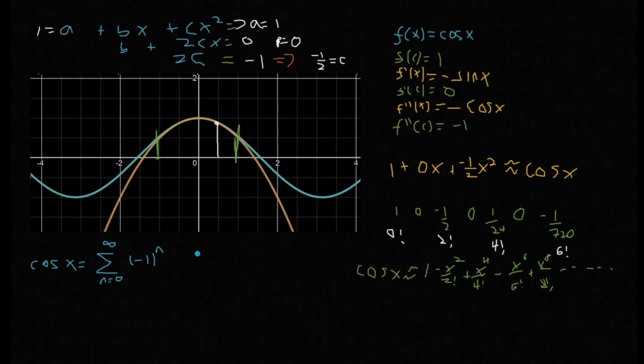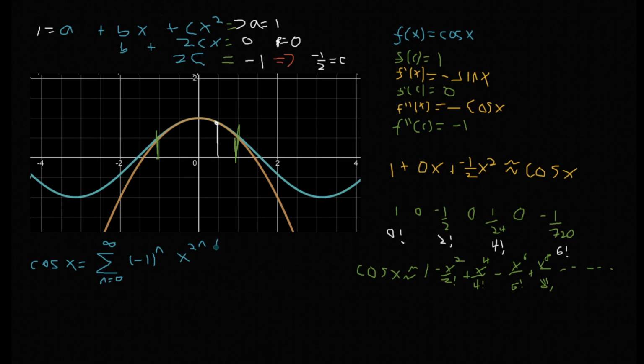Next, we need to have the power be growing by 2. So we have technically x to the 0 here over 0 factorial. And then it goes to x squared. So we need to have an x to the 2n, because this is an even power, and we are incrementing by 2 each time, and we want the power to be even.